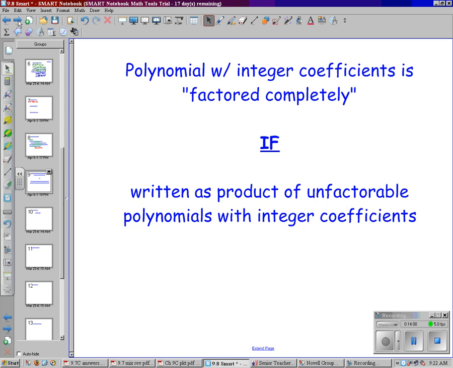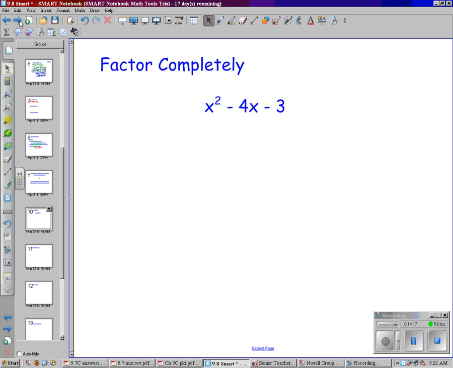So a polynomial is factored completely if it's written as a product of unfactorable polynomials, and all of them have integer coefficients. We're not going to end up with any fractions or decimals as our coefficients. So let's factor this one completely. We've got a bunch of these to do where we're going to factor it completely.